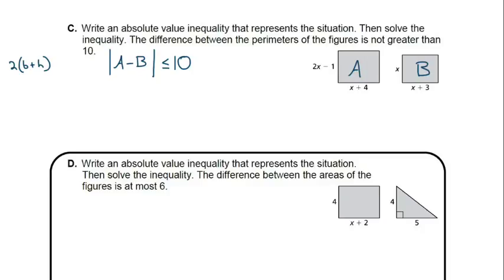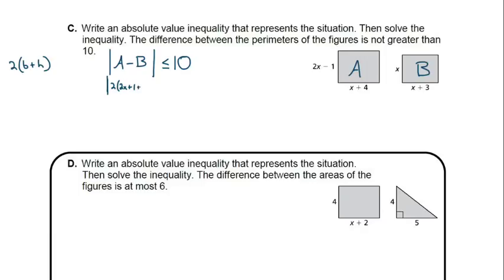So here we go. I've got the absolute value of, we'll do A. A is 2 times 2x plus 1, plus x plus 4. I'm going to make my absolute value bar a little bit more distinct.